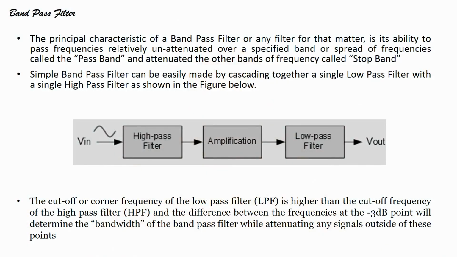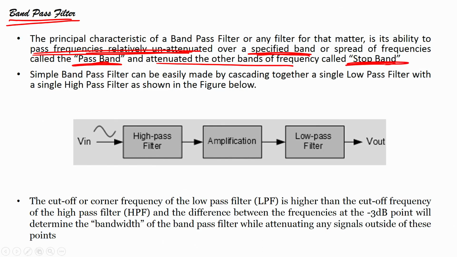If you come back to the screen, what you see here is a band pass filter. Now, the principal characteristic of a band pass filter, or any filter for that matter, is its ability to pass frequencies relatively unattenuated over a specific band or spread of frequencies called the pass band, and attenuate the other band of frequencies called the stop band.